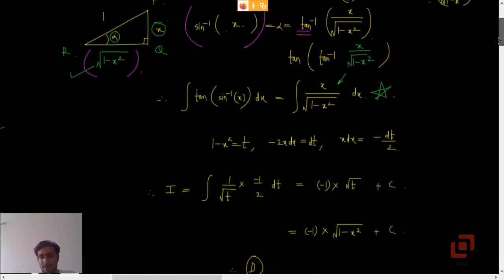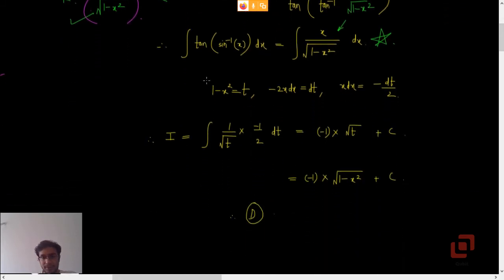Substitute t for 1 minus x squared, because the derivative of 1 minus x squared is present in the numerator. So negative 2x dx will be dt, so x dx will be equal to negative dt upon 2.